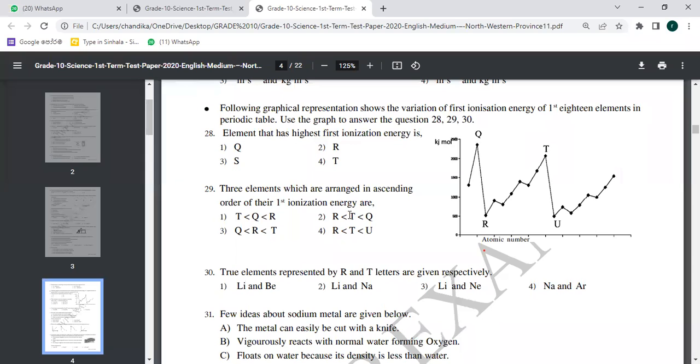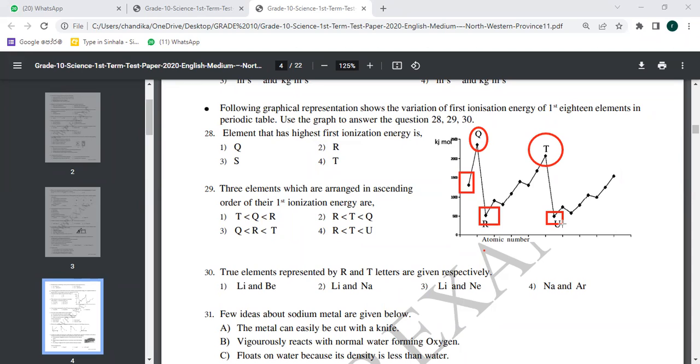I think you can remember, when we consider first ionization energy values, normally first ionization energy is highest in what? Noble gases. And lowest in what groups? Group number 1.